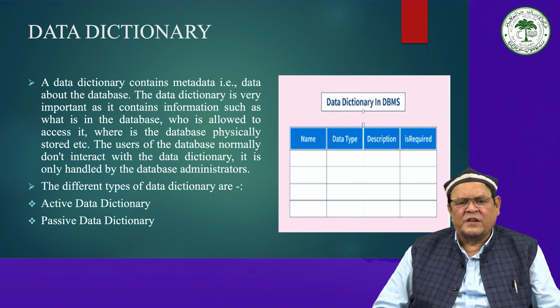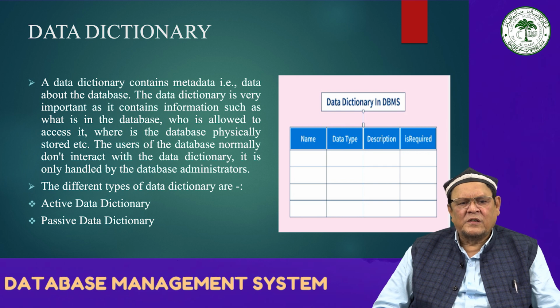A data dictionary contains metadata, that is data about the database. The data dictionary is very important as it contains information such as what is in the database, who is allowed to access it, where the database is physically stored, etc.